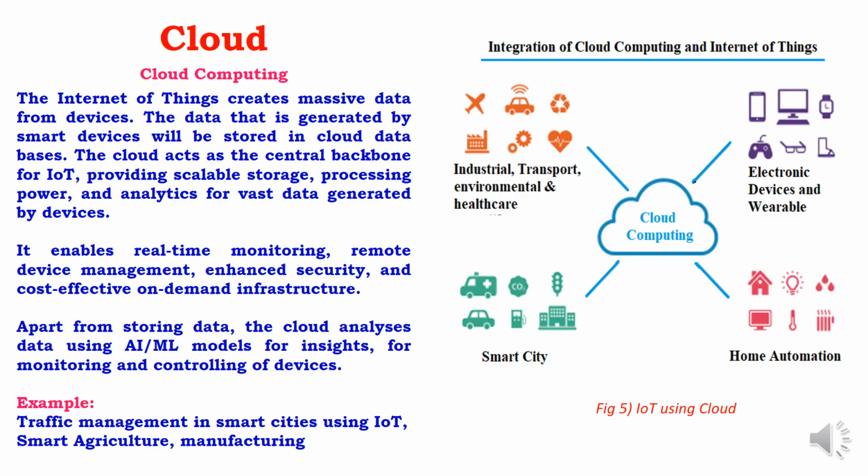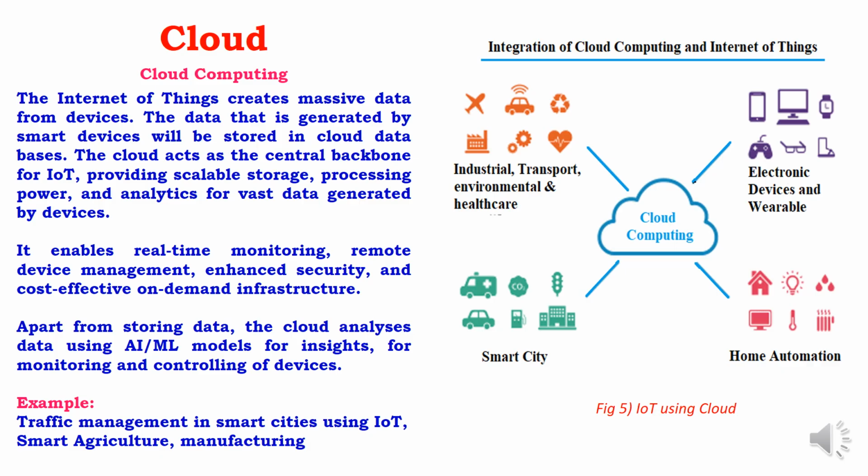Cloud. Cloud computing. The Internet of Things creates massive data from devices. The data that is generated by smart devices will be stored in cloud databases. The cloud acts as the central backbone for IoT, providing scalable storage, processing power, and analytics for the vast data generated by the devices.